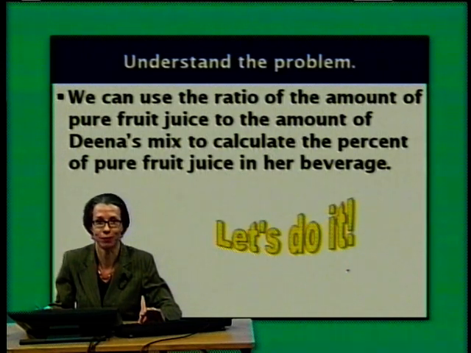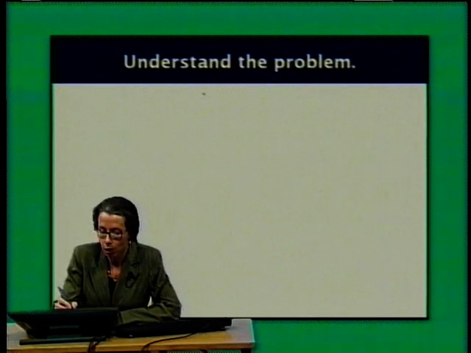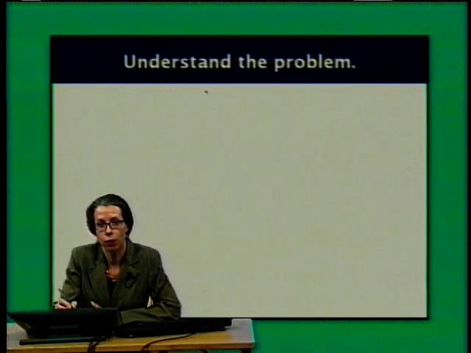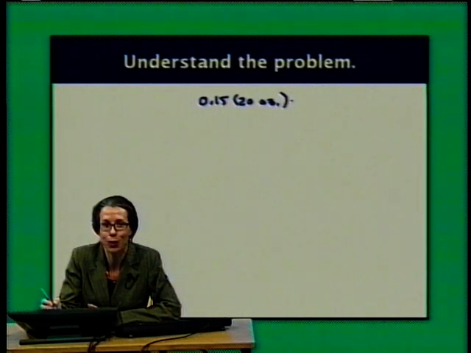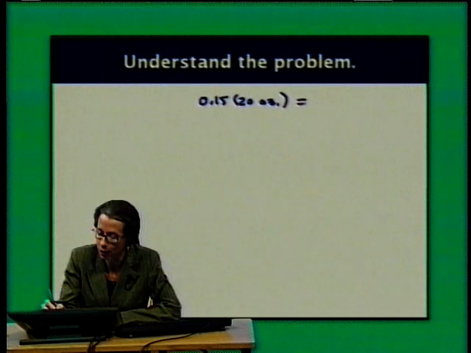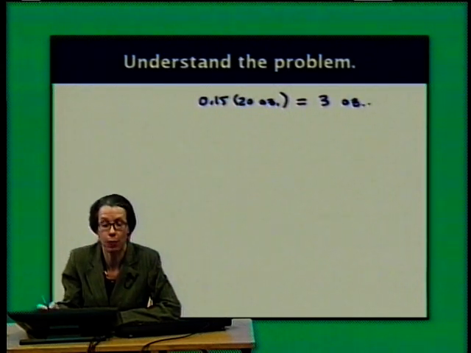So let's do it. We want to know what is 15% of 20. Calculating 15% of 20 ounces gives the amount of pure fruit juice coming out of the 15% fruit juice drink. That's going to be 3 ounces of pure fruit juice in that beverage.